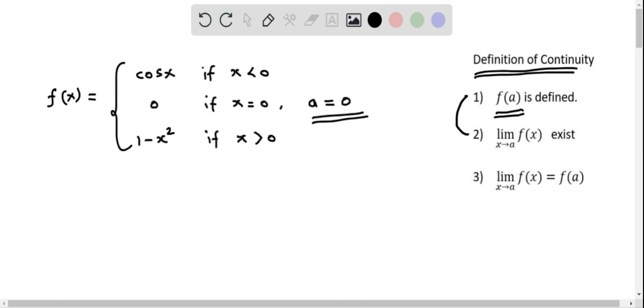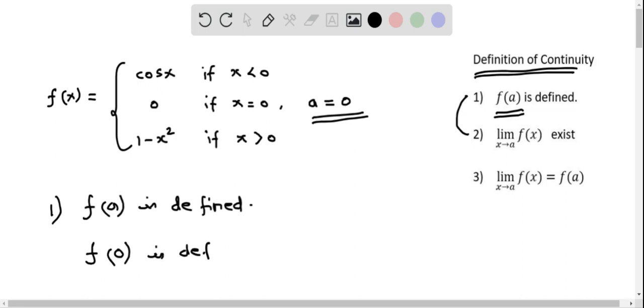So let's start off with checking each of the conditions. First, we have to find if f of a is defined. For our given problem, a equal to 0, so we have to find if f of 0 is defined.